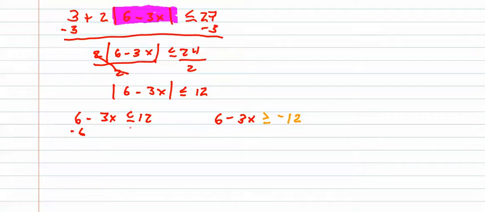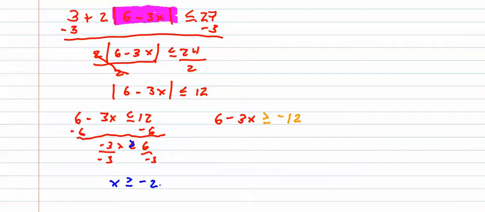Minus 6, negative 3x less than or equal to 6, divide by negative 3, divide by negative 3. We switch the direction when we divide by a negative, so that becomes greater than, and I get x greater than or equal to negative 2.